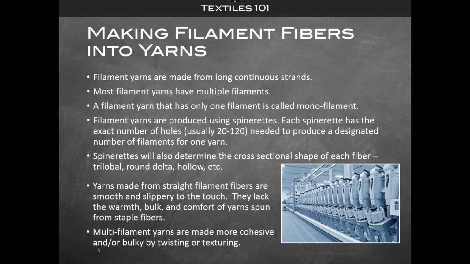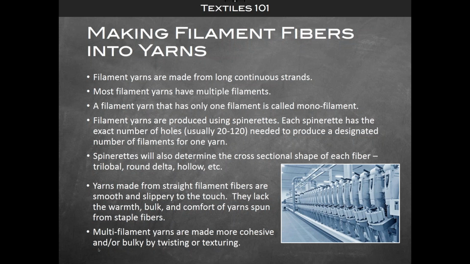Each spinneret has the exact number of holes, usually about 20 to 120, needed to produce a designated number of filaments for one yarn. The spinnerets will also determine the cross-sectional shape of each fiber, whether that be trilobal, round, delta, or hollow, or another shape.